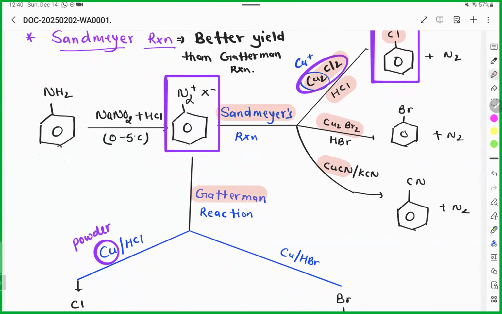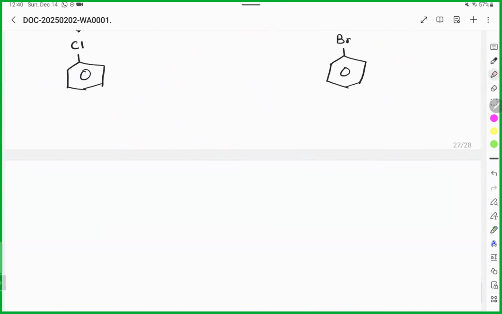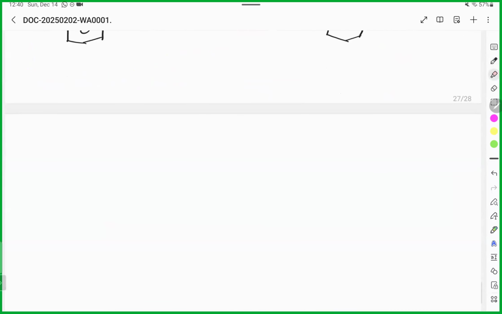Sandmeyer's and Gattermann reaction. Now, if you want to make iodo compound, it is extremely easy and you don't need anything. Pratigya, why? If you take a benzene ring and you want to add iodine, then it's easiest.